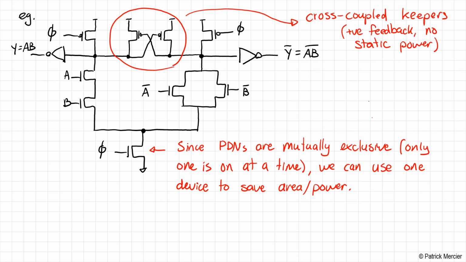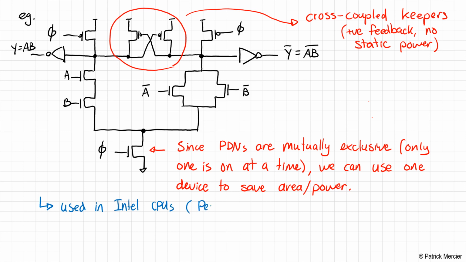Okay, so this type of circuit, this dual rail domino with the cross-coupled keepers and so on, the logic family that this circuit represents was used in many generations of Intel microprocessors.